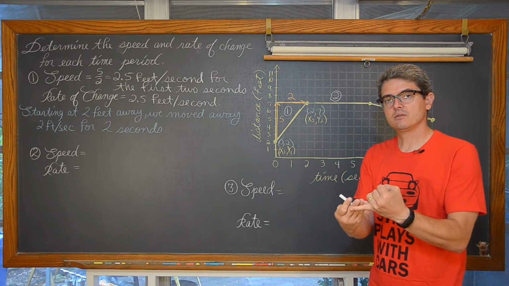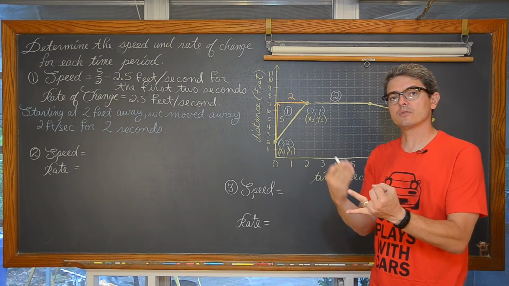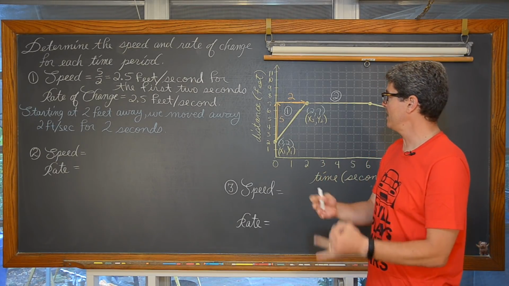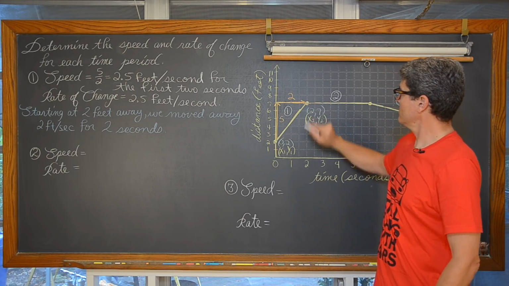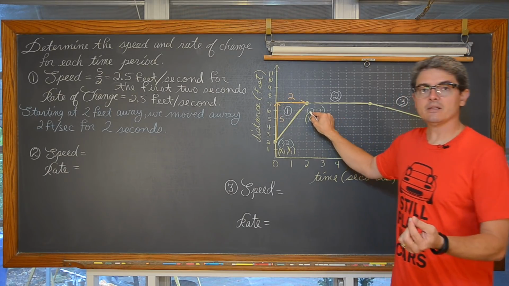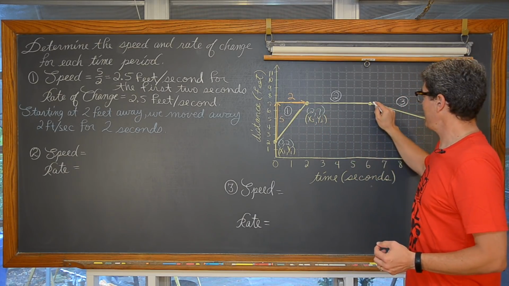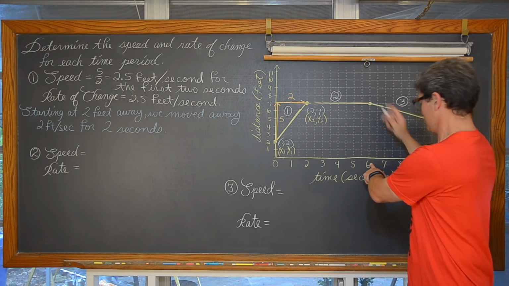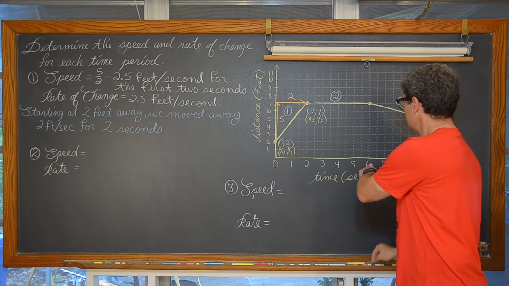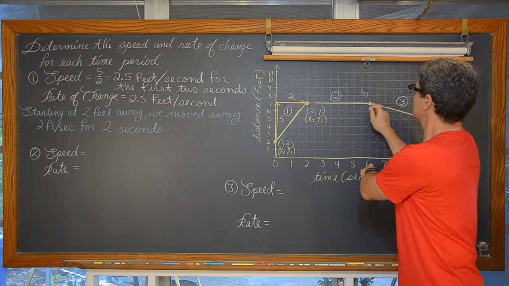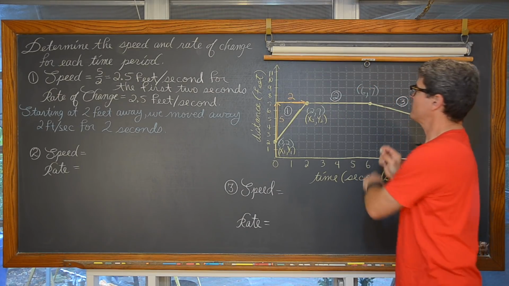The distance that you are from an object over the amount of time that has gone by. Well, here we're at 2 seconds, we're 7 feet away from an object, and at 6 seconds, we are still 7 feet away.